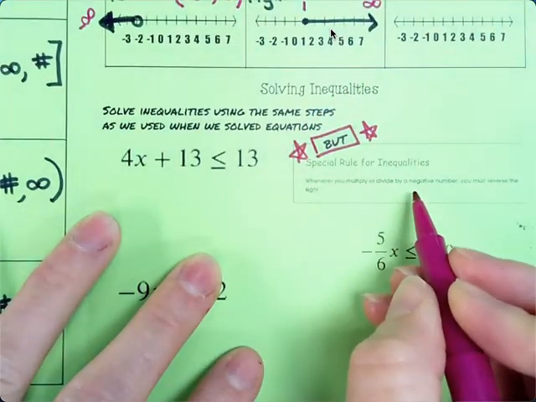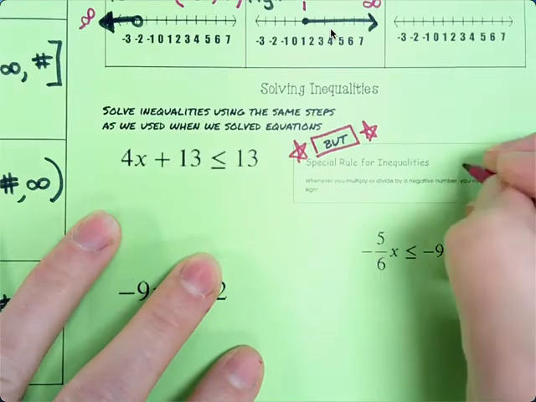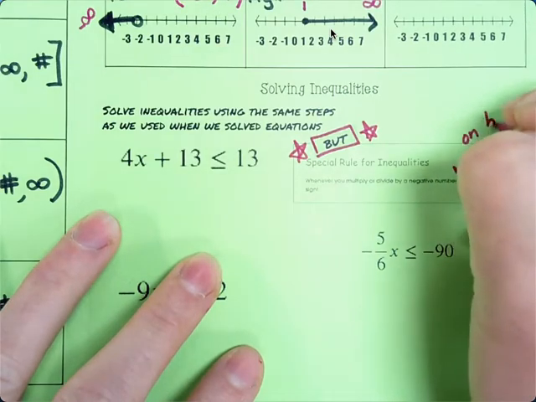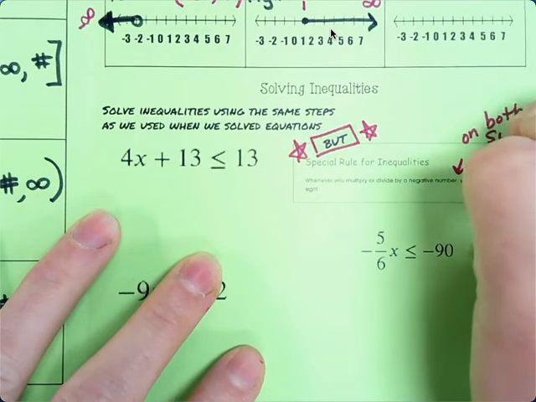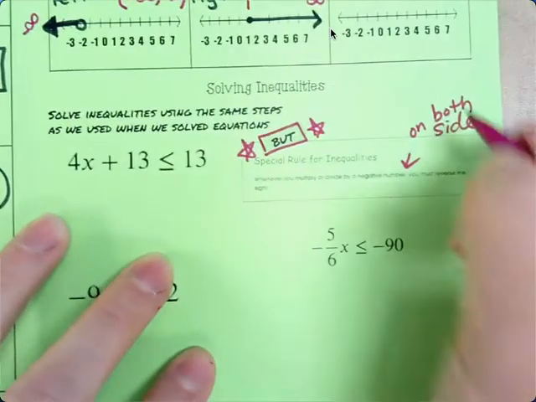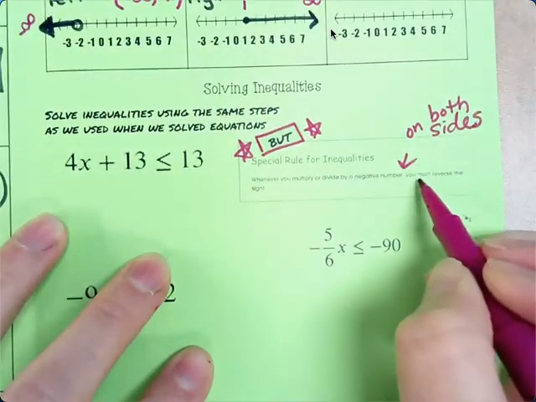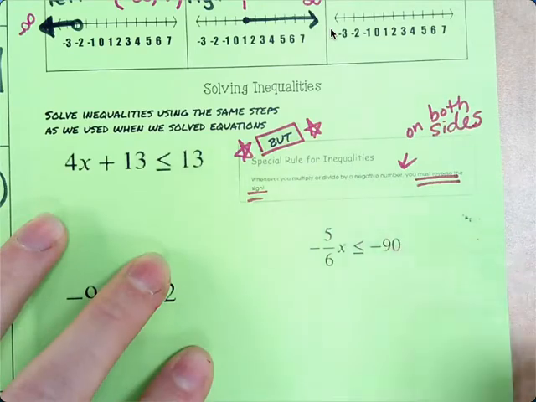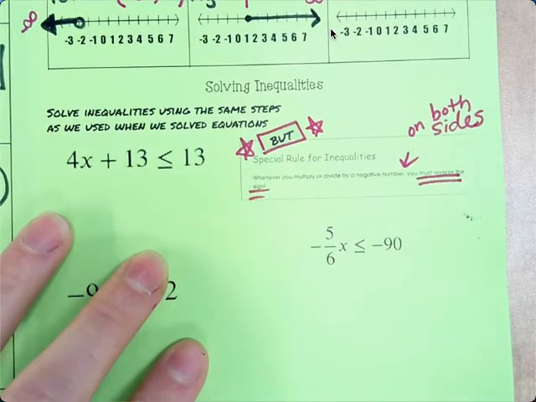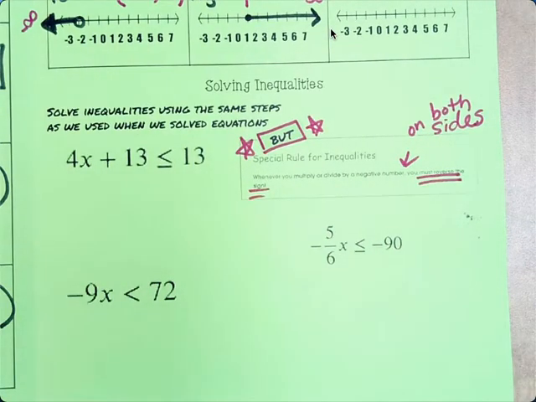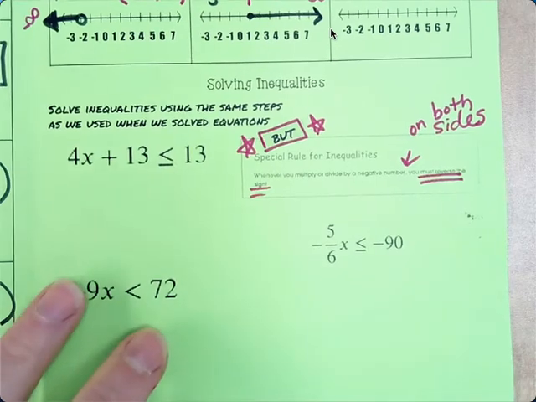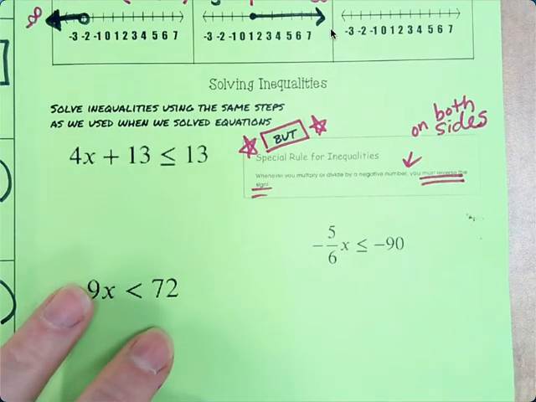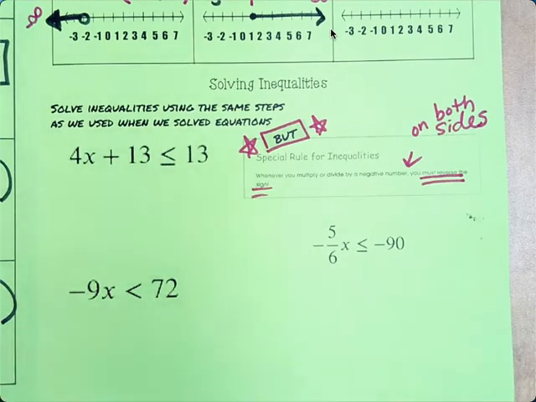Whenever you multiply or divide by a negative number on both sides when you're solving, you must reverse the sign. Remember, whenever it's a greater than, you'll flip it to a less than. That is the only rule that we have that's special with just inequalities. So when you multiply, you have to just flip that sign.